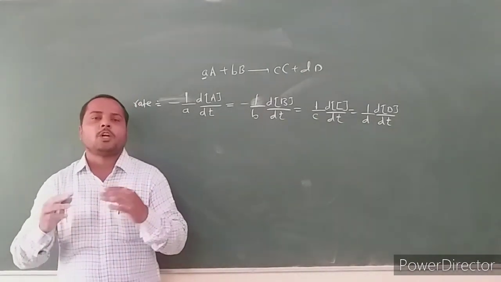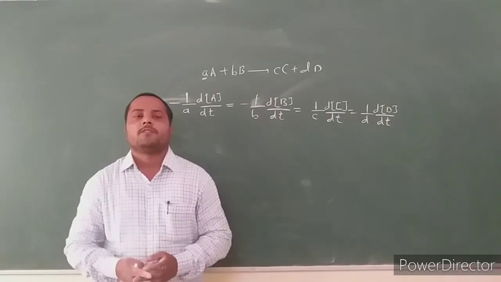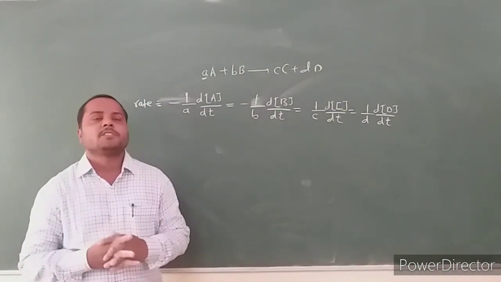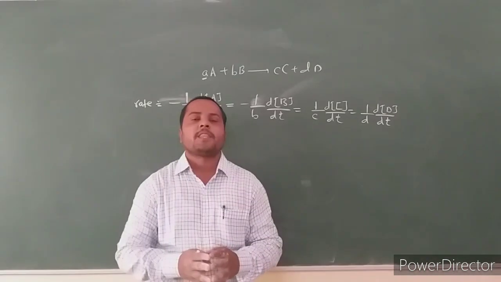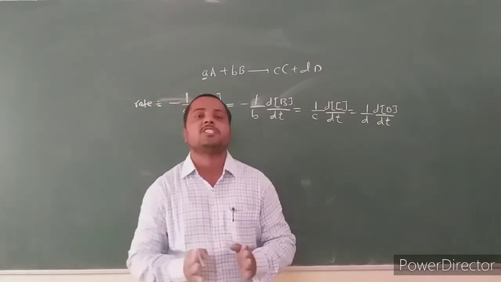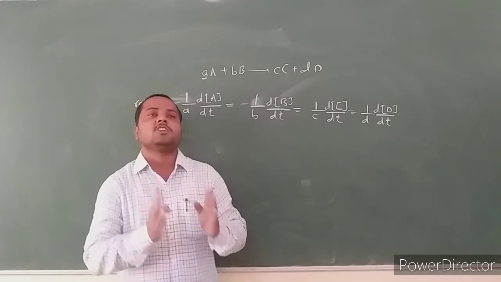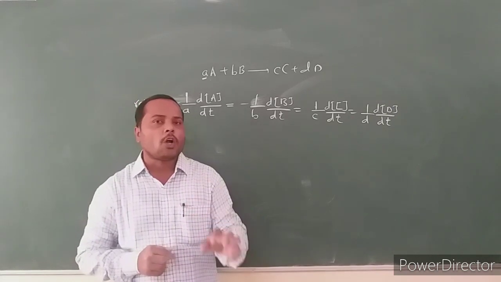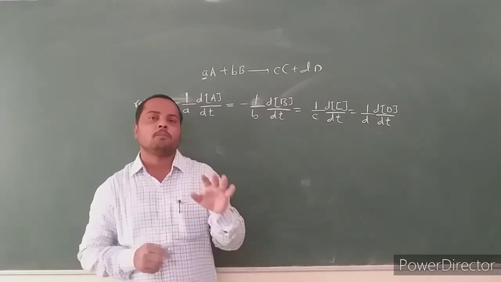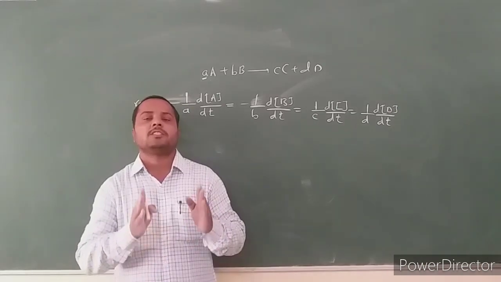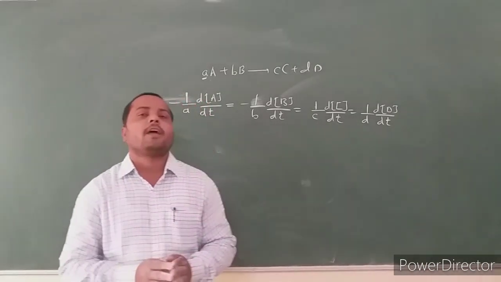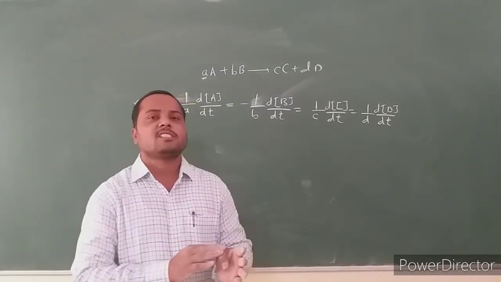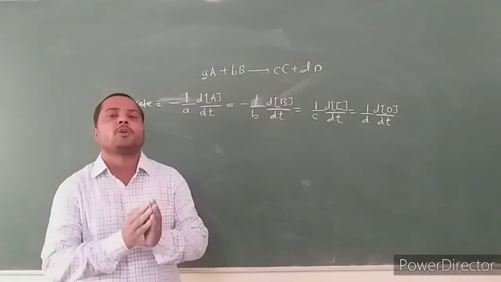For such a type of chemical reaction, the rate of reaction is expressed by the rate at which the concentration of any one reactant decreases, or the rate at which the concentration of any one product increases.